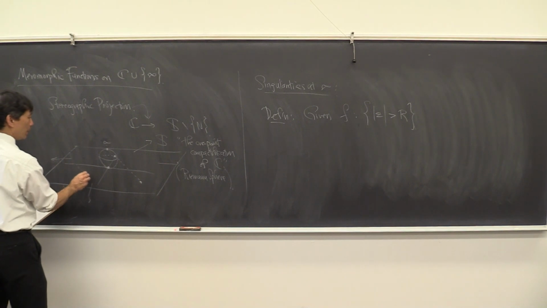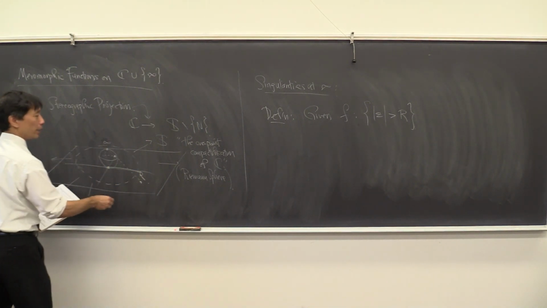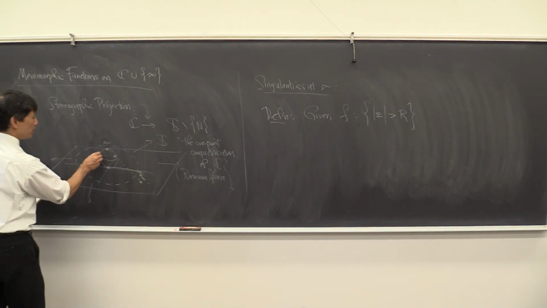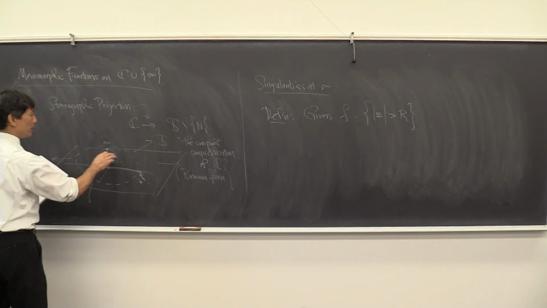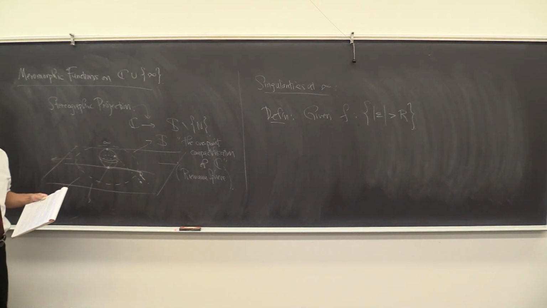You have some disk of radius r, and your function is defined outside of there. In other words, you have some slice of your sphere, and it's defined above that slice.